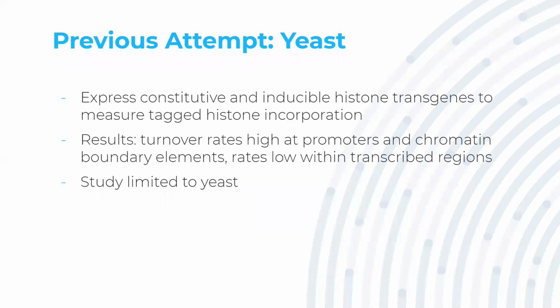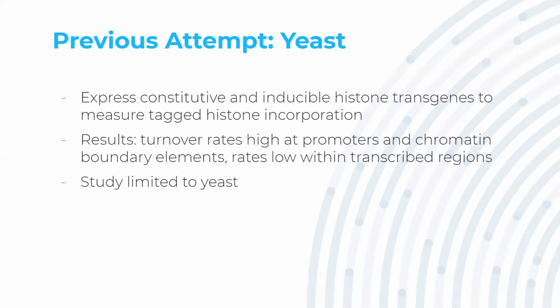There was another method to measure nucleosome dynamics, but unfortunately this method is only limited to yeast. It expresses the constitutive genes, which means the genes that are continually expressed, and then it expresses the inducible histone transgenes and measures the relative incorporation of the encoded tagged histones.